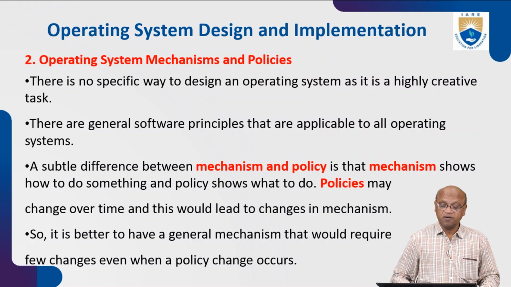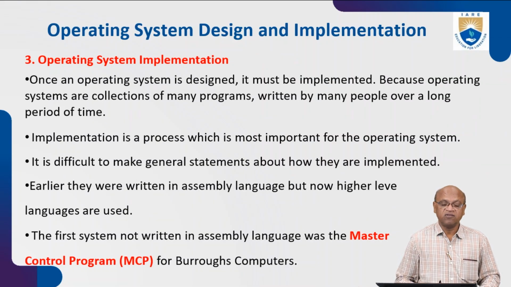Policies may change from time to time, and this would lead to changes in mechanism also. So it is better to have a general mechanism that requires few changes even when policy changes occur. That is operating system implementation.